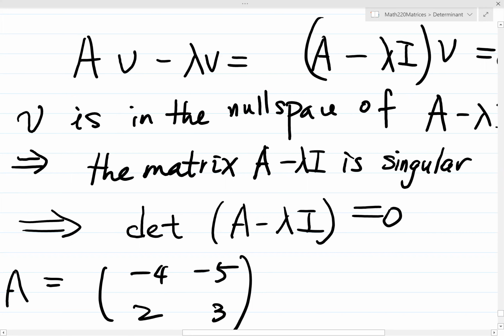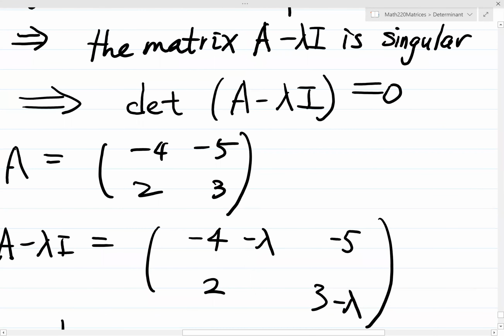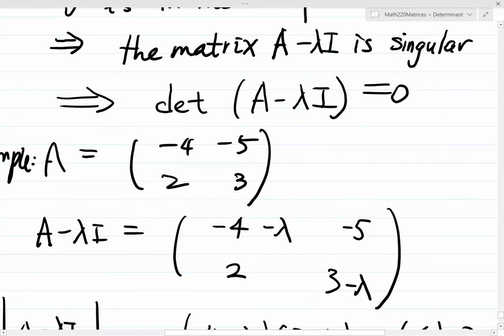This tells us that the determinant of A minus lambda I vanishes. You can also go backwards: the determinant being 0 means the null space is non-trivial, so there are non-zero vectors in the null space, and then we have an eigenvector. So to find eigenvalues and eigenvectors, it suffices to solve the equation determinant of A minus lambda I equals 0.